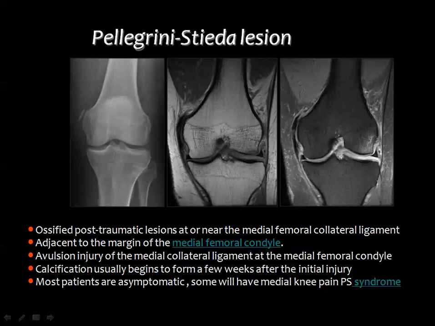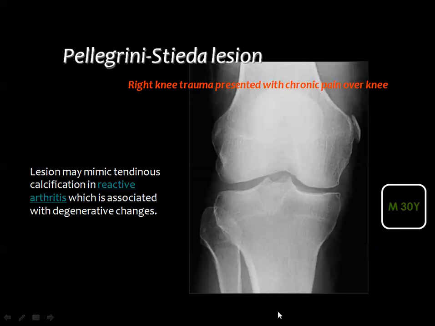This lesion appears in the plain X-ray as a calcified lesion, or sometimes they may consider it as a chip fracture of the medial femoral condyle, or an avulsion injury of the medial collateral ligament. Calcification of this lesion starts a few weeks after injury, and most of the patients are asymptomatic, and some of them may complain of knee pain.